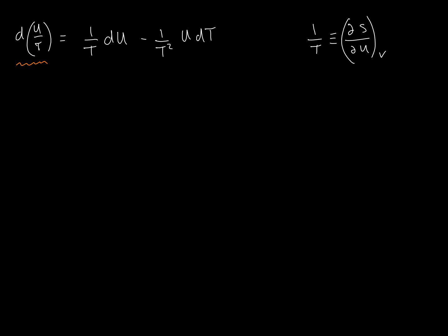No, this is correct. So you can see here that if we move the dU over to this side, dU over T equals dS. So this is fitting into our goal of getting things into this TdS minus PdV form.